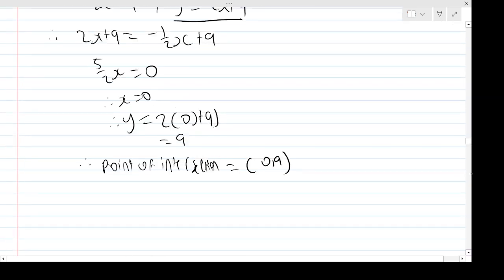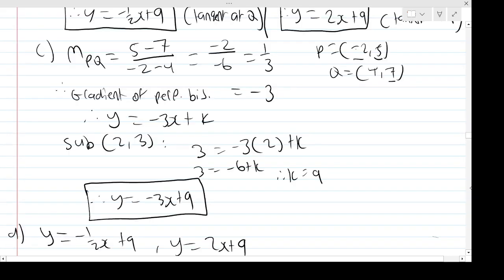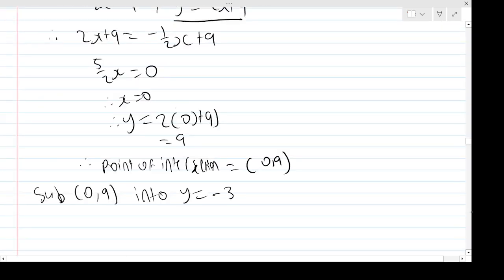So sub 0, 9 into y equals minus 3x plus 9. I get that 9 is minus 3 times 0, add 9. Indeed, 9 equals 9, okay?